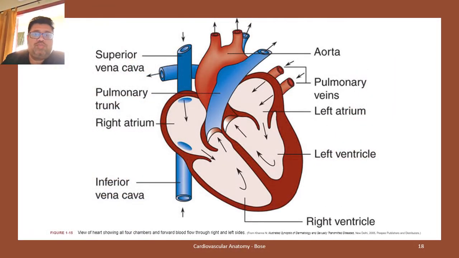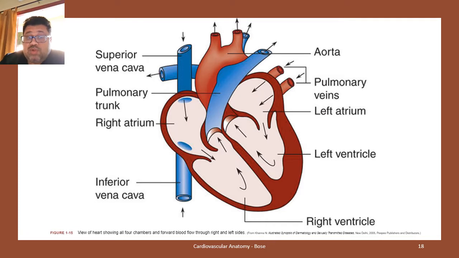The heart is the principal pump that circulates blood throughout the entire vascular system. The heart is closely related to the size of the body and is roughly the size of the individual's closed fist.